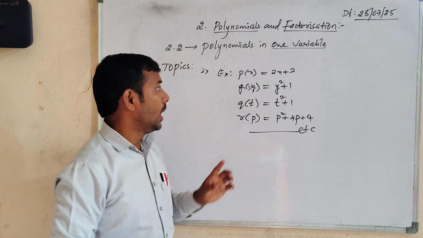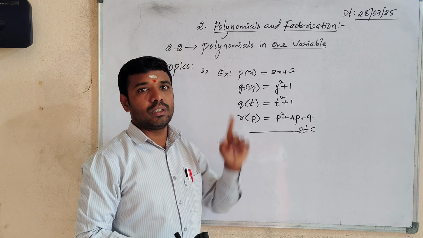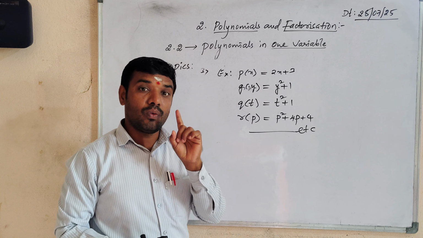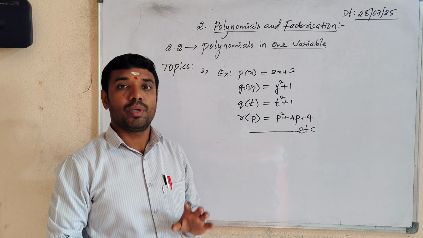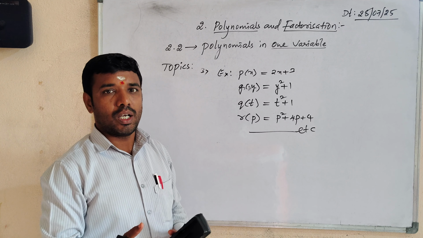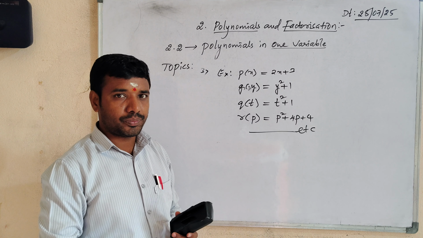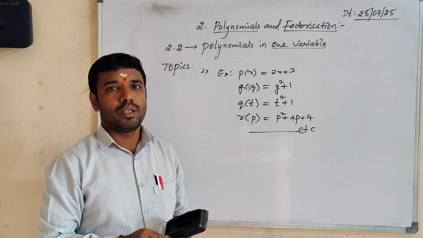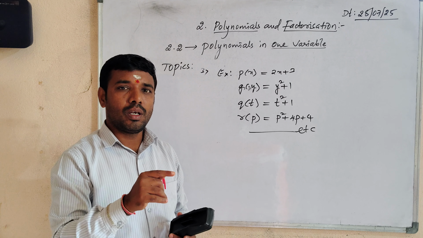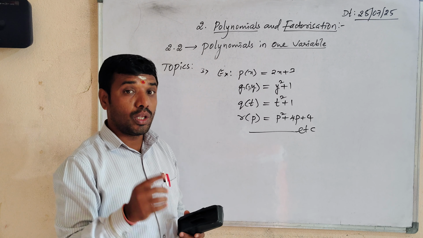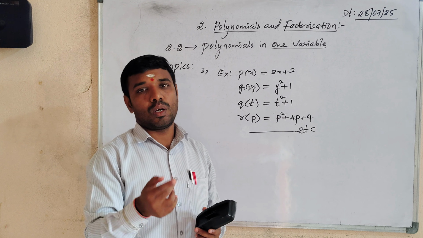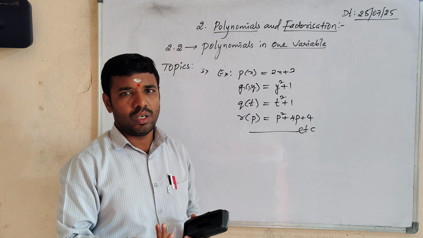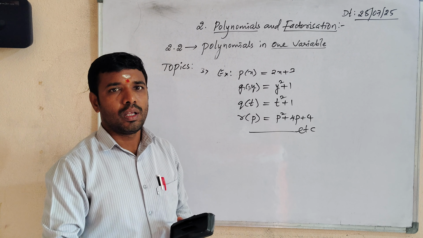And last, if the polynomials consist of the t variable, only variable is t, based on that we denote those polynomials as p of t, q of t, g of t, f of t, r of t. However, we can denote.